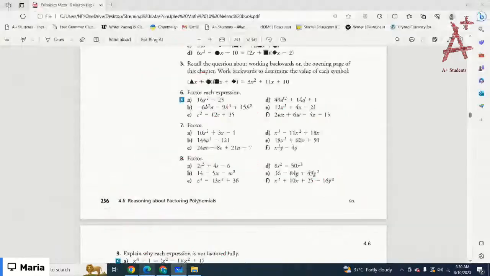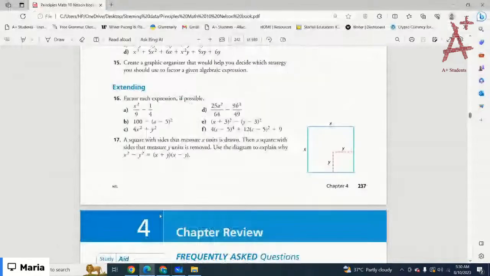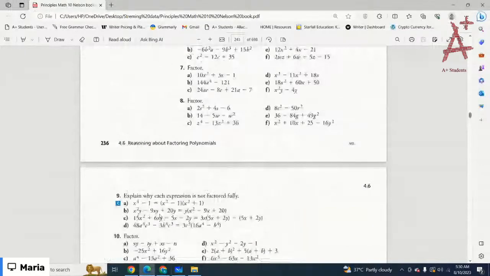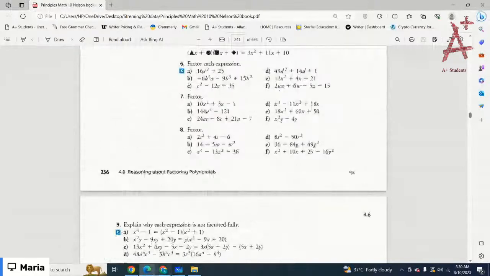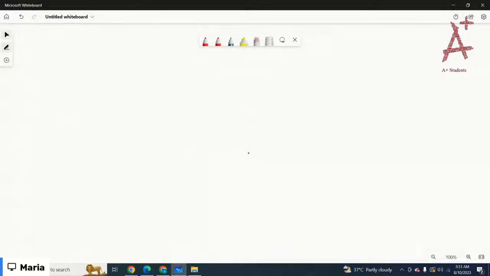The next one is question number 7. Factor 10x squared plus 3x minus 1. Let's use decomposition.